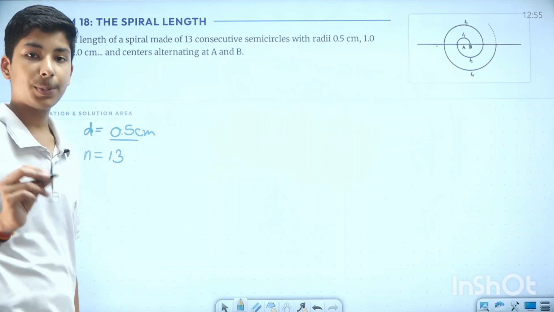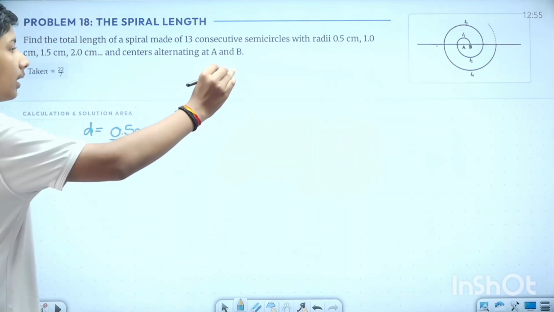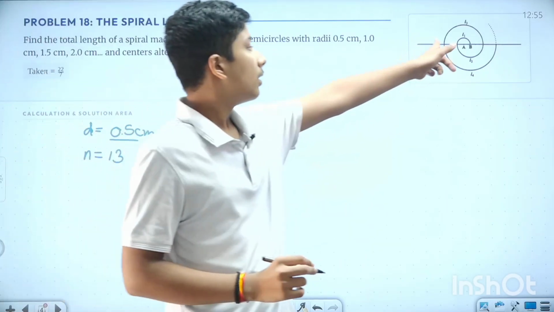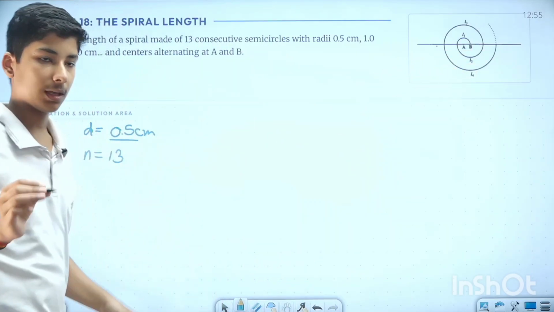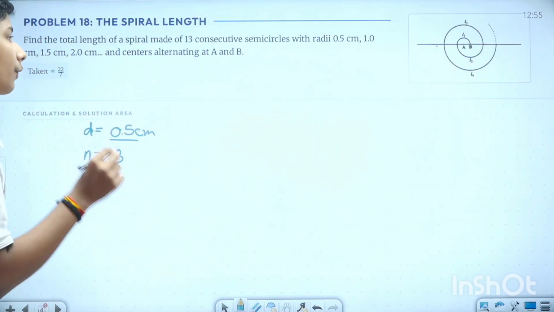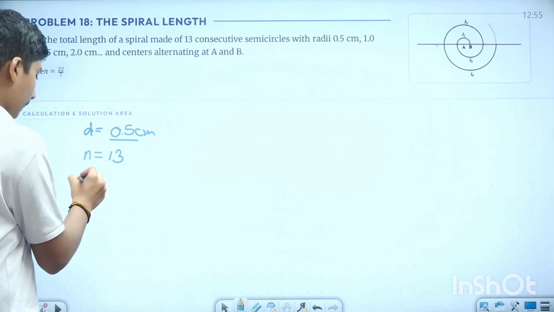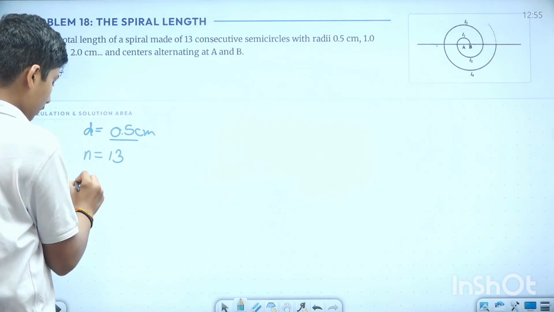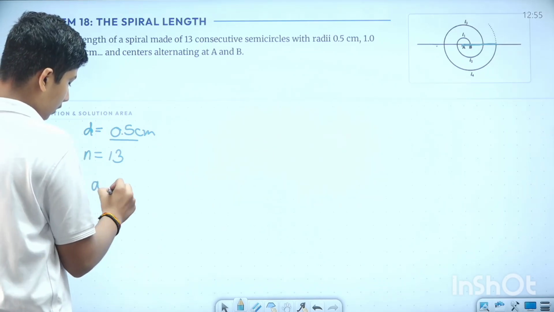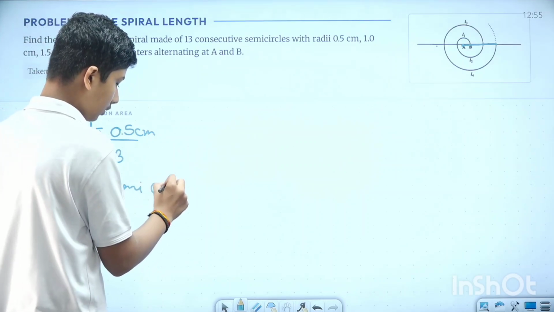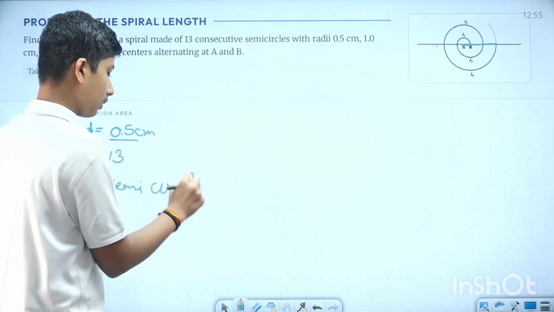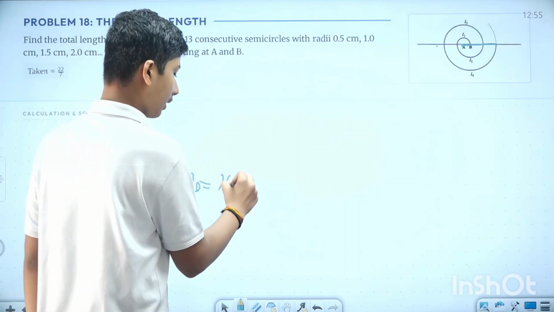Now one spiral, what we say, this is the half circumference of a circle, means circumference of a semicircle. Circumference of a semicircle is pi r.